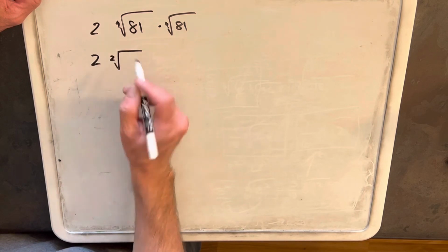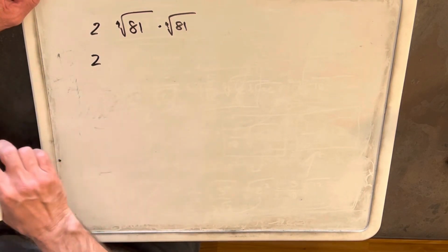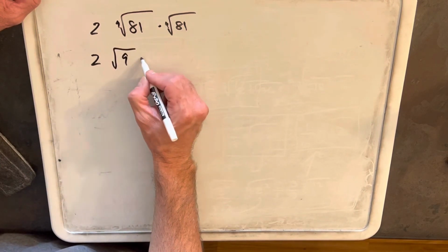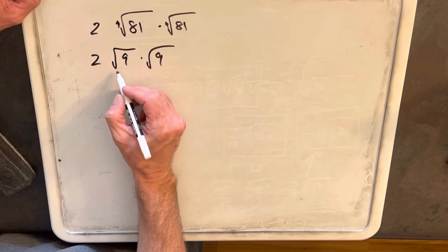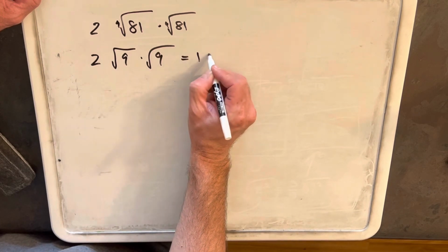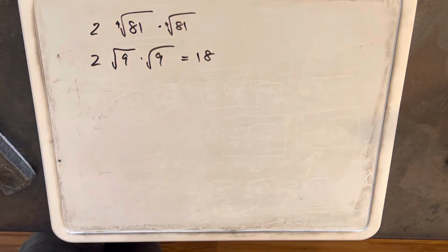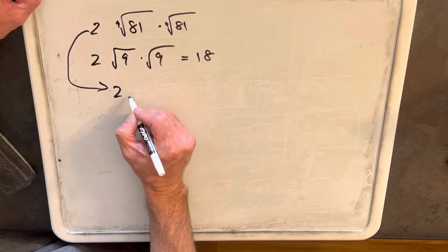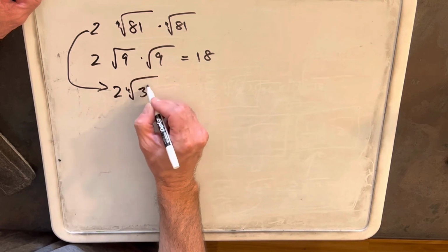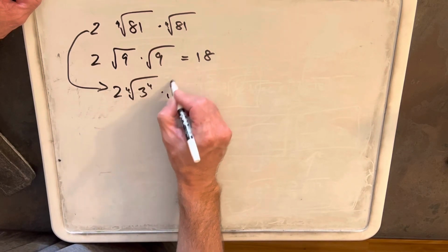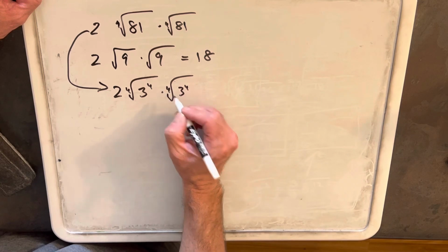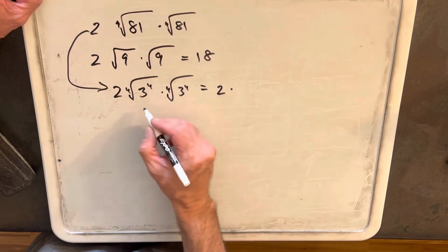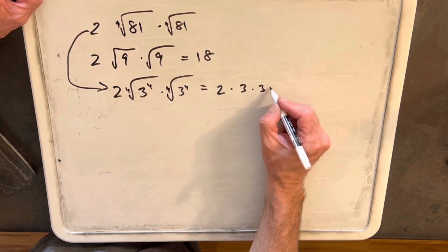If we square it, we get the square root of 81, which is 9, but we've only reduced to a half. We can do the same thing here. The square root of 9 times the square root of 9 is 9, and then we have 18. If that was too confusing, we could write this as 3 to the 4th, 3 to the 4th, 3 to the 4th, and so we could write this like this, and then we just have 18.